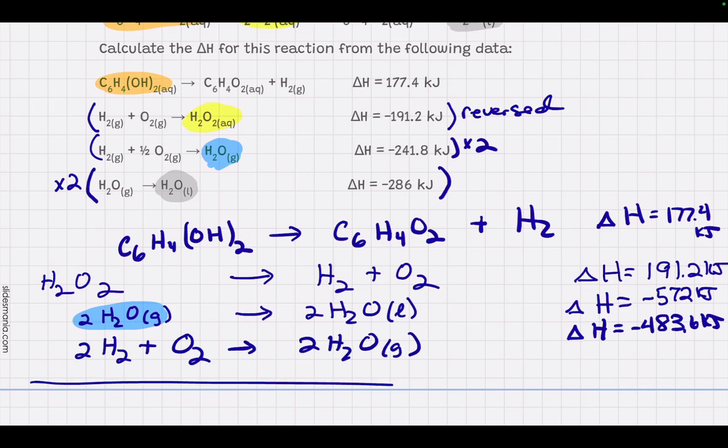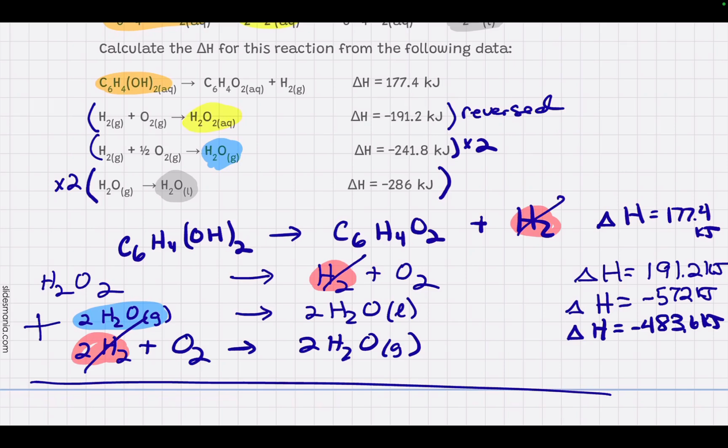Okay. Now you're ready to cancel and add these reactions together. And I will show you. So we have 2 moles of hydrogen here and 2 moles here. So the hydrogen will cancel, which is good because it's not in our overall target reaction.